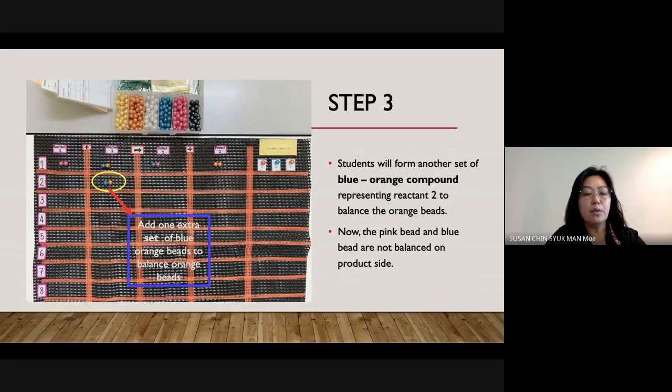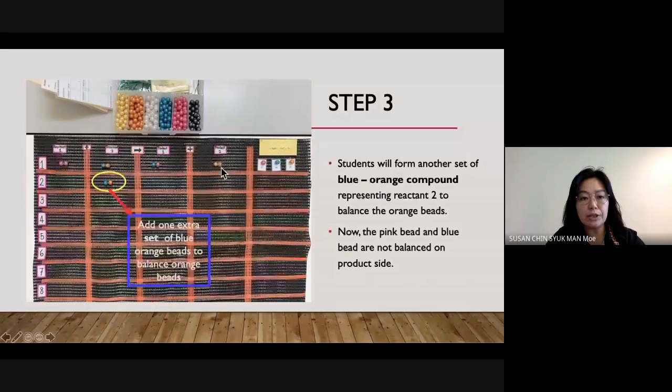They will add on 1 extra set of blue and orange. Bear in mind, when we top up, when we add in, we have to add in the whole compound. We are not adding in any missing element just like that.